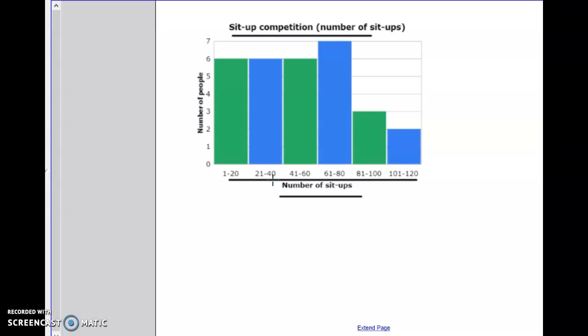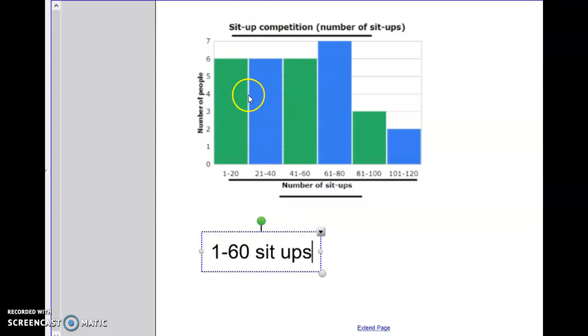Let's calculate now the number of people that did between 1 and 60 sit-ups. So again, that would include these 3 bars. The first bar, 6 people did 1 to 20 sit-ups. Again, we don't know specifically whether those 6 people did 5 sit-ups, 7, 10, whatever.